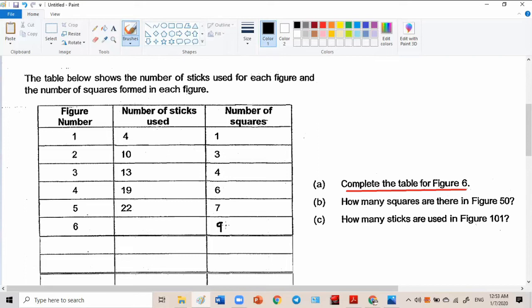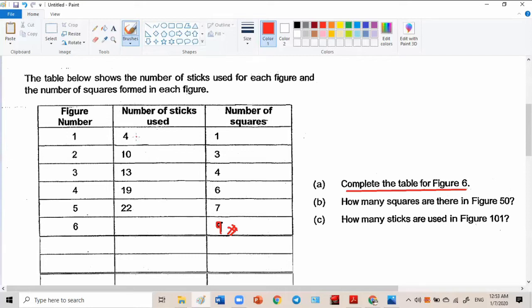Okay, so what shall we fill in here? For the number of squares, we can see there is 9. We already filled in 9. Okay, so let me put 9 here. Now, what do we fill in for the number of sticks? We have to look at the general pattern here.